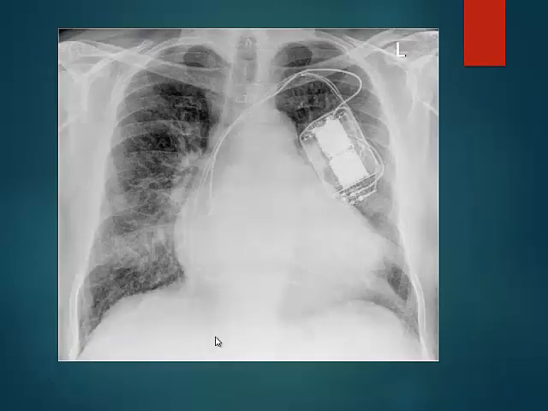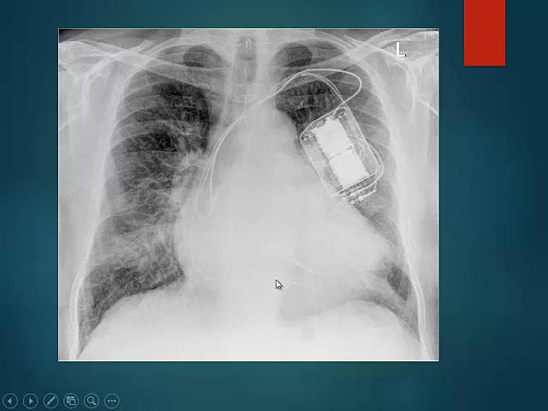This is an old film I have. This device is an ICD. You can see a thick sheath on the ventricular lead, and it's an ICD. This patient also has chronic pulmonary vascular congestion, but there's another finding I want to point out.